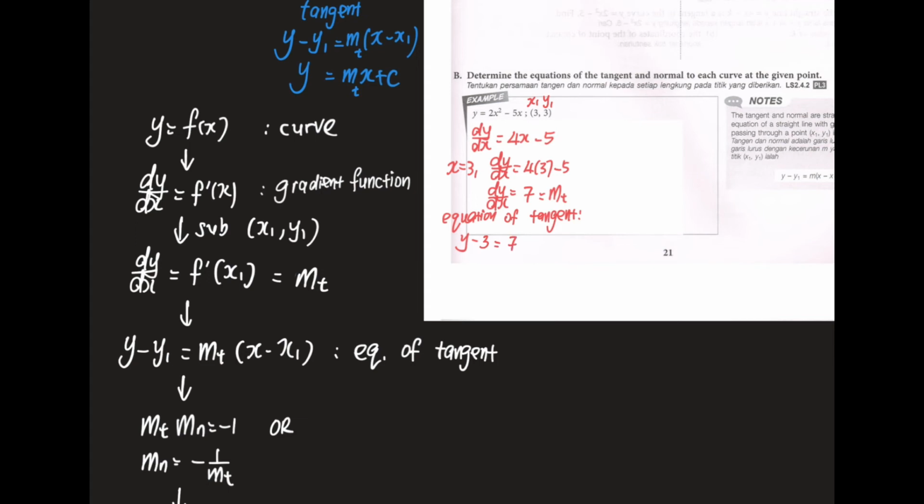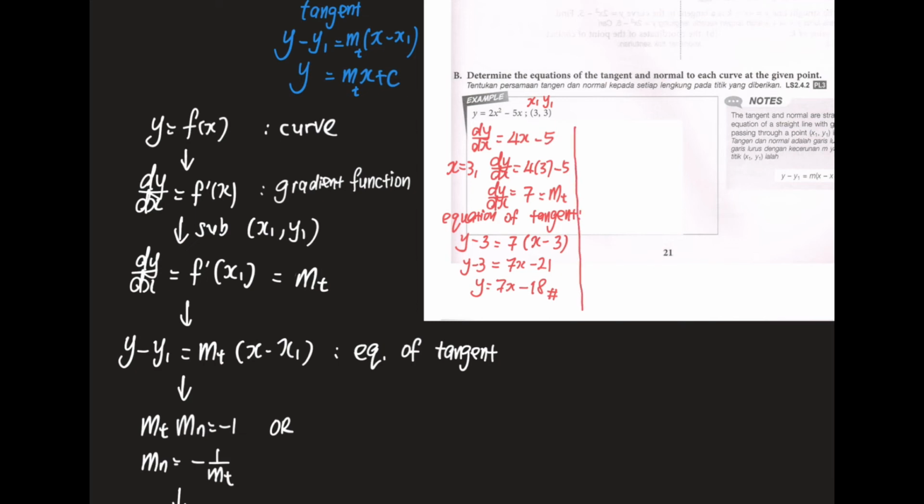So we substitute: y minus y1 equals gradient of tangent times x minus x1. x1 is 3. y minus 3 equals 7x minus 21. y equals 7x minus 18. So this is the equation of tangent.